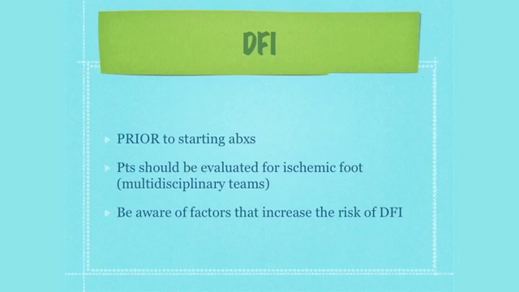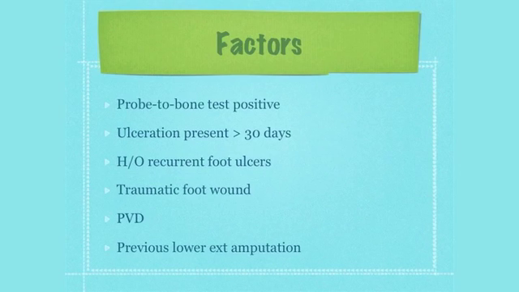Be aware of those factors that increase the risk of diabetic foot infections. We can name a few. Probe to bone test: if you can touch the bone, then you have osteomyelitis. If the ulceration has been there for more than 30 days, you are probably dealing with a deeper infection than what the eye can see.